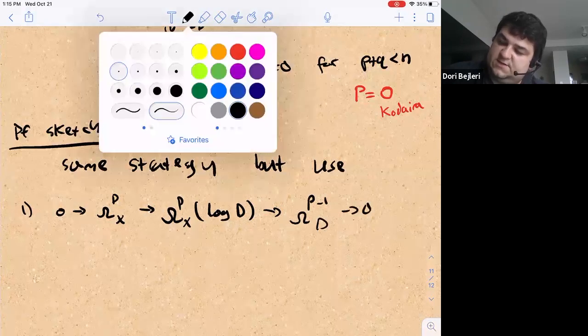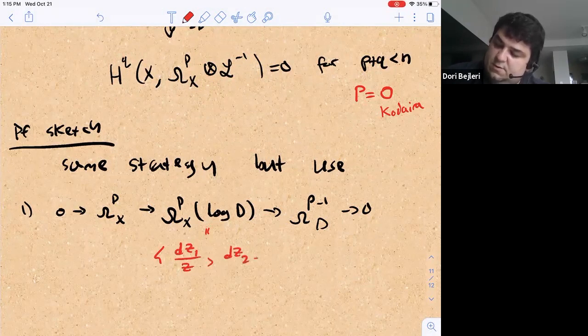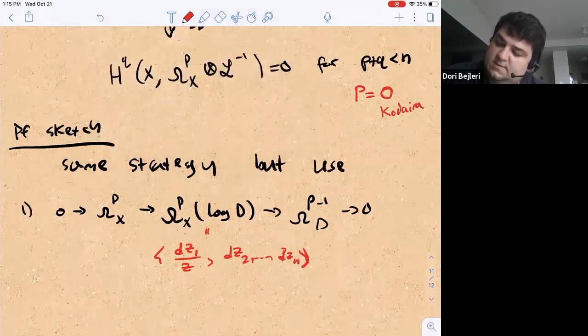These are sheaves that locally are generated by things of the form dz1 over z1 and then dz2 through dzn, where D is the vanishing of z1.